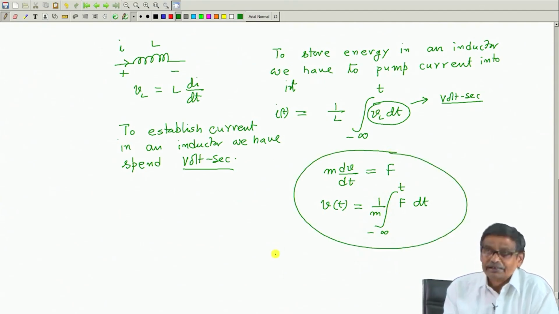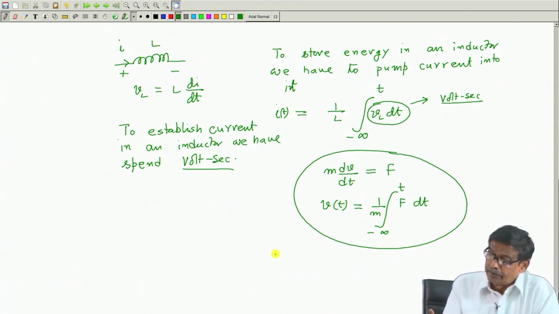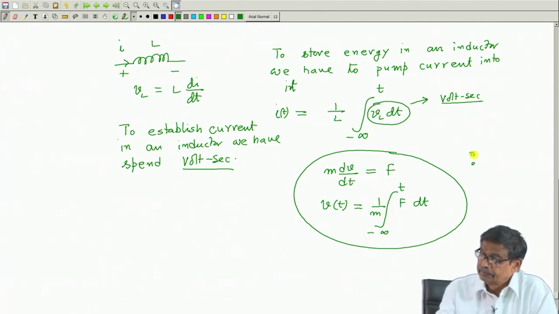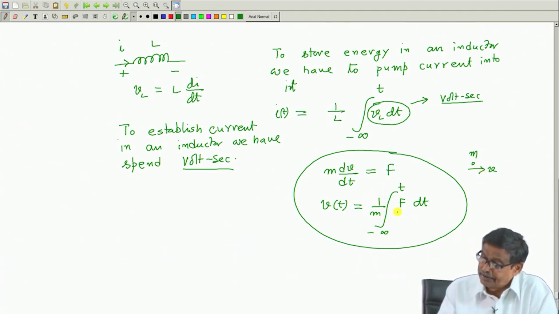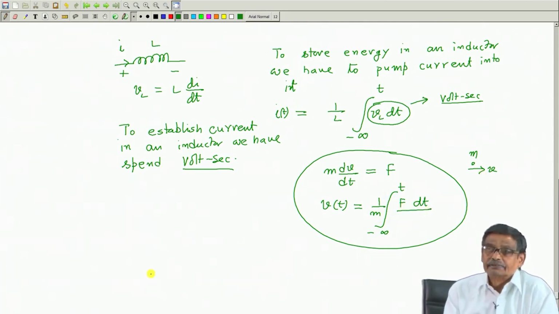Do not lose sight of this fact as well. In mechanics, applied force is equal to m dv/dt, v is the velocity of the mass at any time t. So, to establish velocity in a mass, you have to spend newton seconds, and divide it by the constant mass.